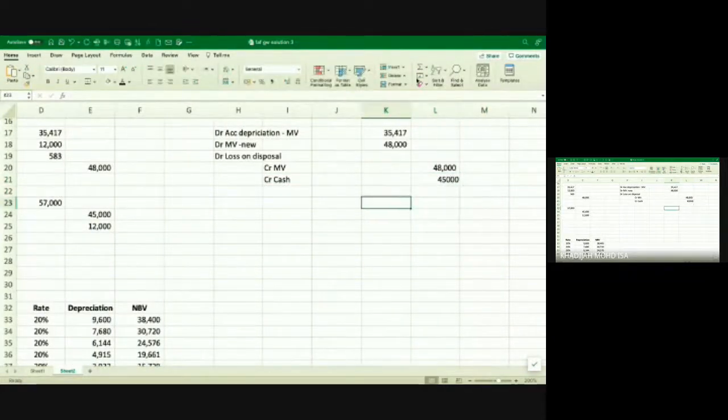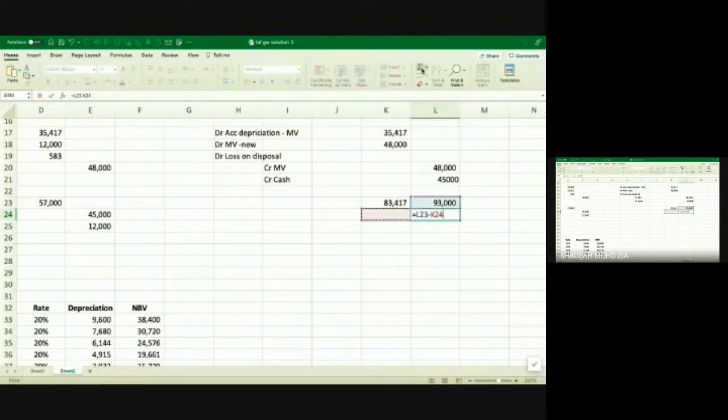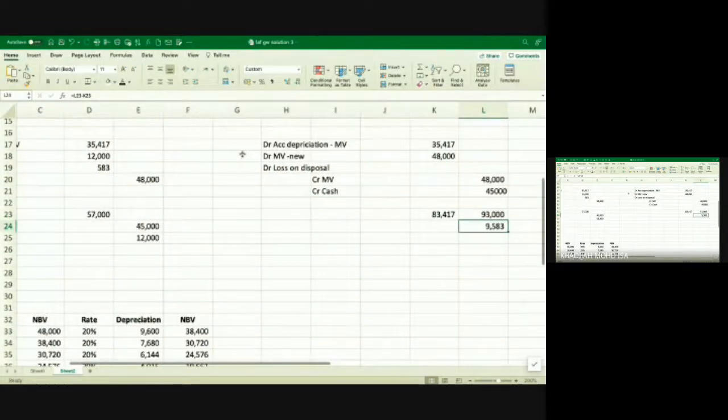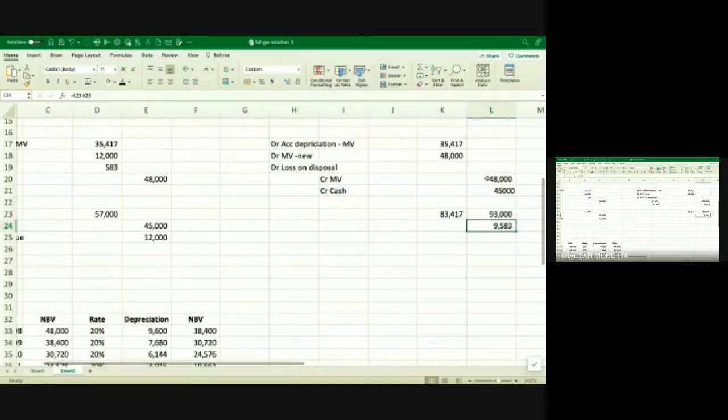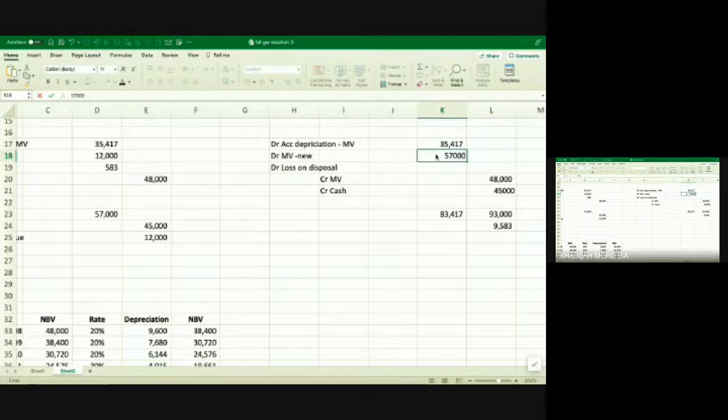Right, so if you look at the total on this side and this side, what is the difference? The difference is 9,583. So where do you get that 9,583? 48,000, 45,000, 35,417, and the new motor vehicle, sorry, this one is new, 57,000.